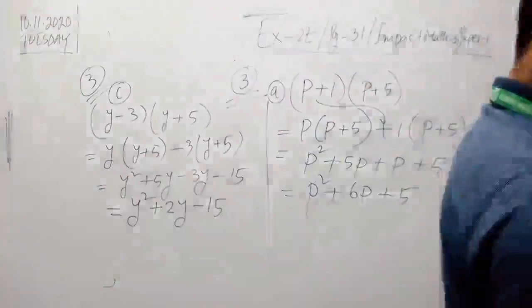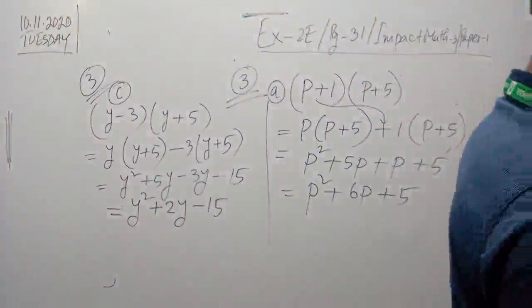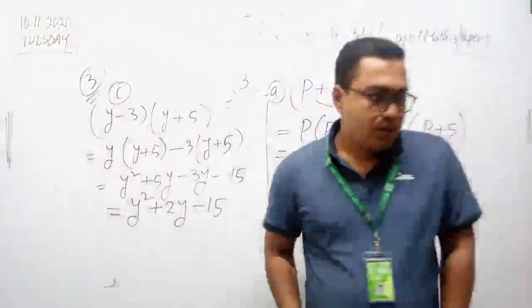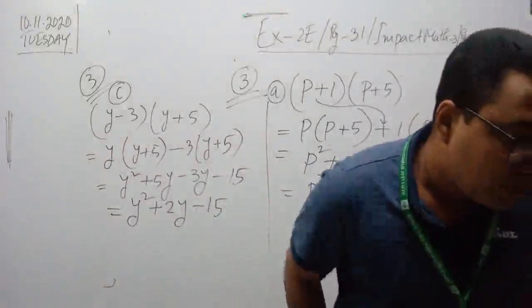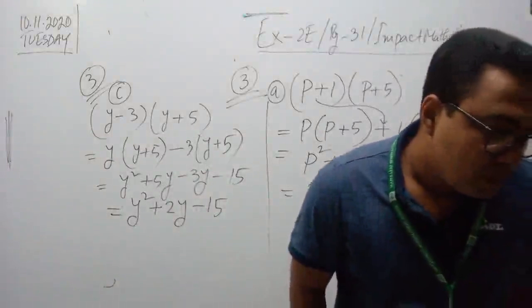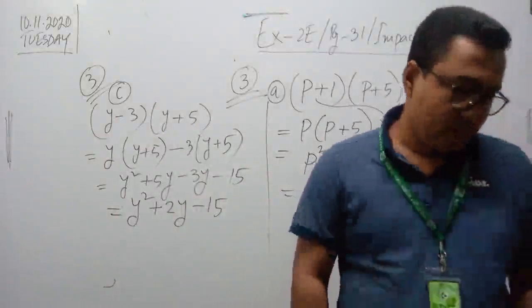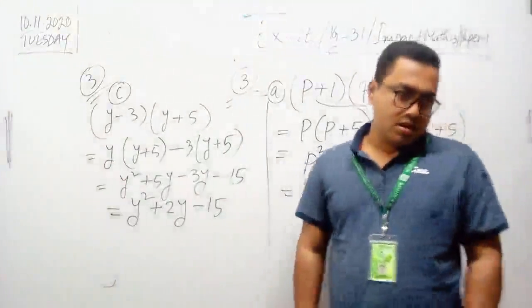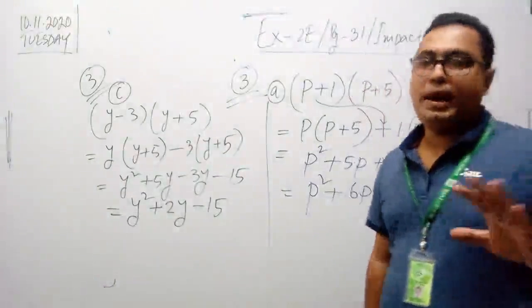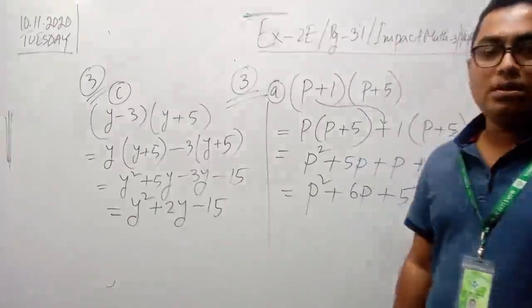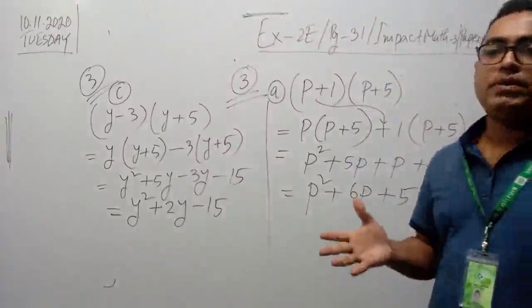Now I think you are clear. Adi Rahman asks, sir, do we have to follow both methods? I told you at the beginning, there is no must here. You can follow any method.